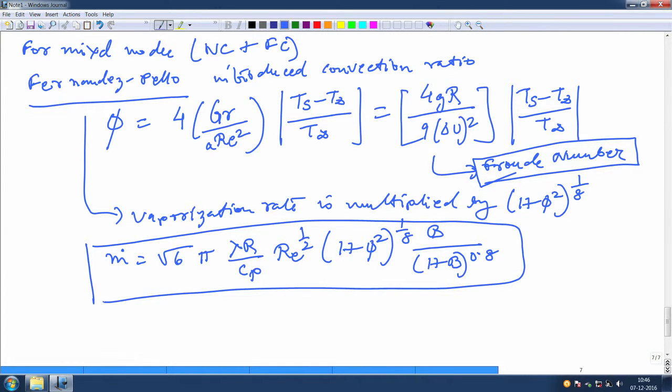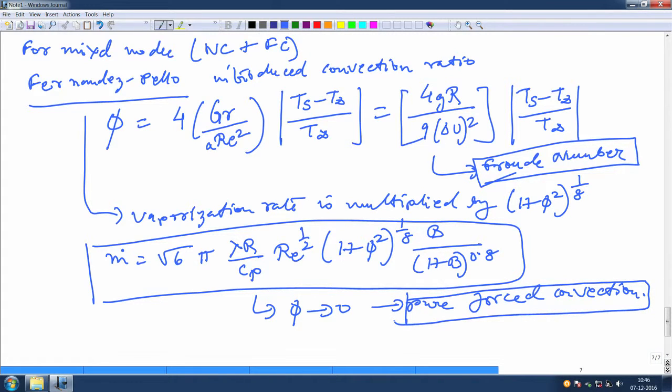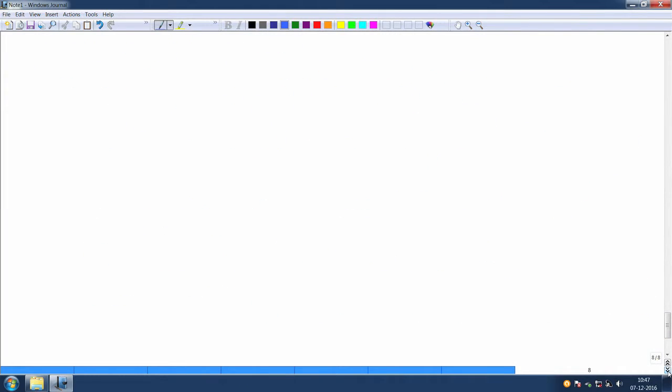So, the vaporization rate is given by m dot into all these quantities, right. So, as your phi goes to 0, that means this goes to 0, you actually approach pure forced convection. Got it? You go down to pure forced convection. So, that is what Fernandez-Pello found out.